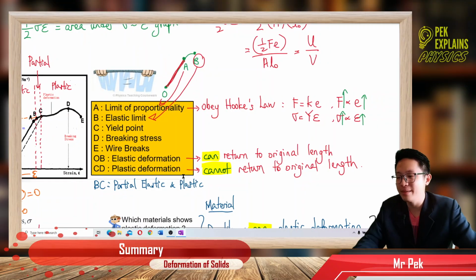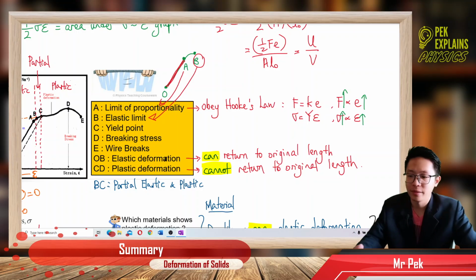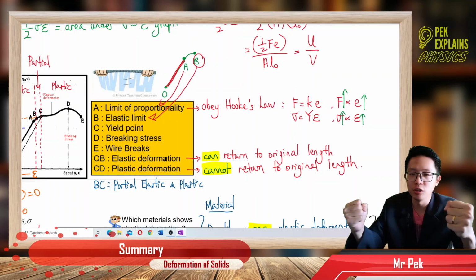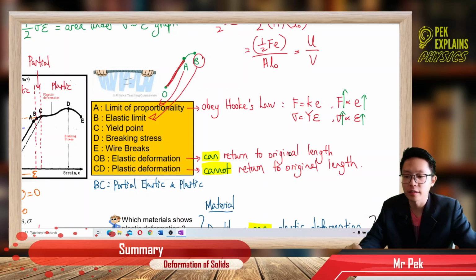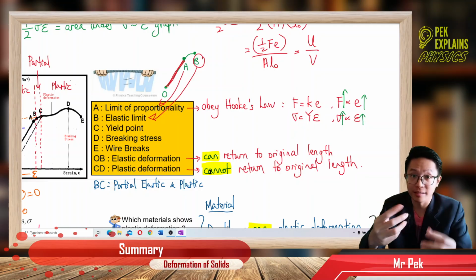Okay, let me explain the difference between elastic deformation and plastic deformation. Just now you learned elastic deformation is something like a spring. That means you pull and release the force, it can return to its original length. Plastic deformation is like plastic.